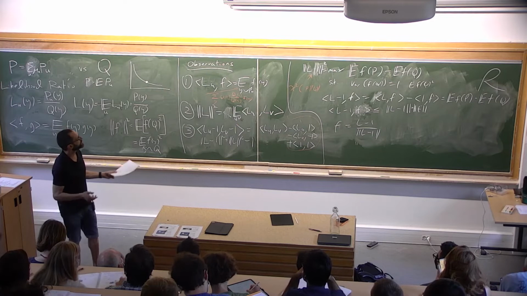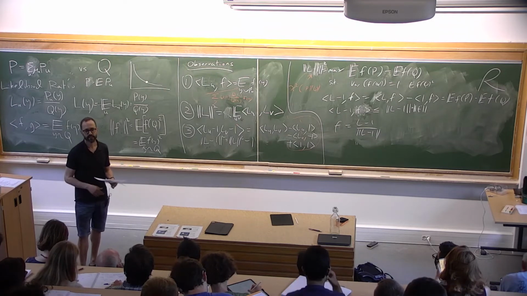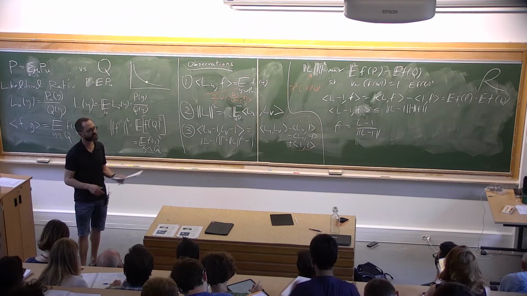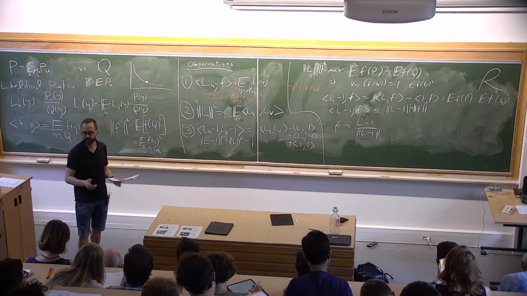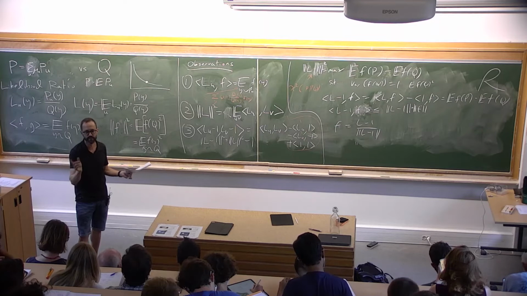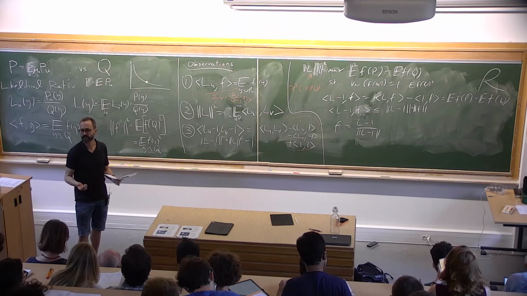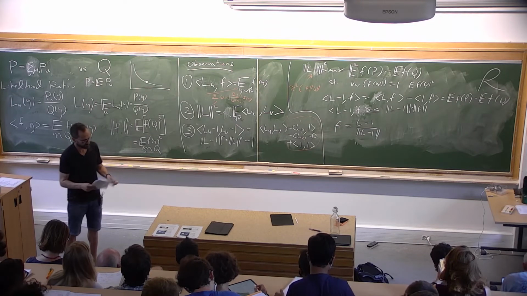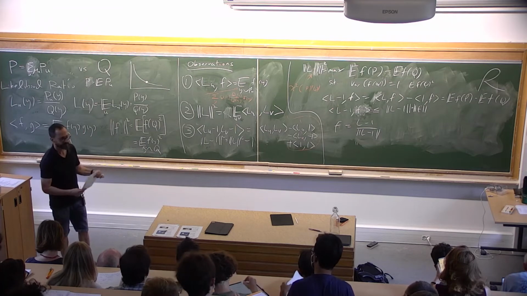You're trying to distinguish between P and Q, then you're trying to find a random variable, let's say, normalized to have variance 1, and you're trying to maximize the difference between P and Q. Okay?